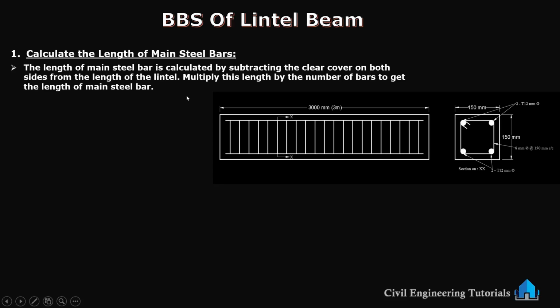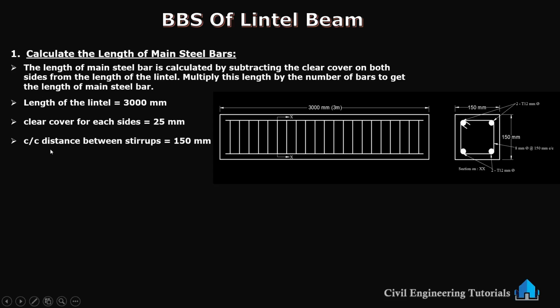I'll show you step by step. So, first, length of lintel 3000 mm or 3 meter. This is the length of lintel or lintel beam, whatever you can say. I have taken 3 meter. Clear cover for each side 25 mm. Now, center distance between stirrups 150 millimeter.